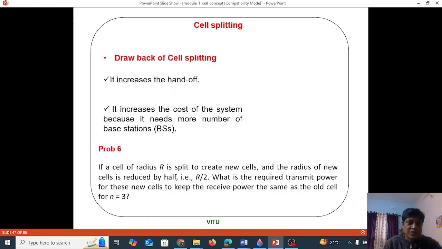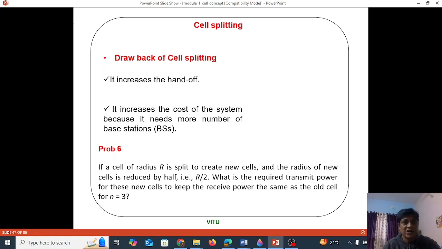Now what are the drawbacks of cell splitting? First of all, since the number of cells increased, obviously the handoff will increase once the user is moving from one place to another. And since the number of cells increases, the cost of the system will increase, because you have to install more base stations and more antennas.